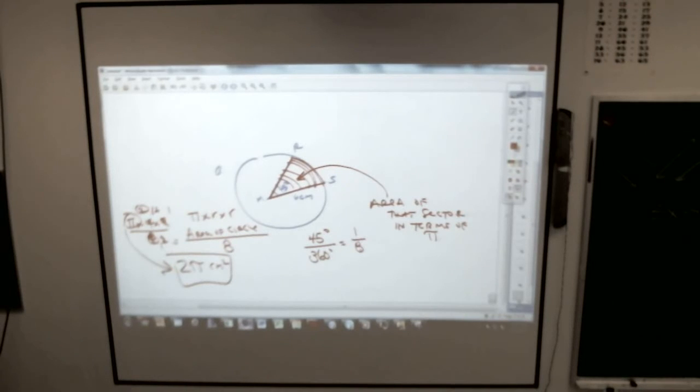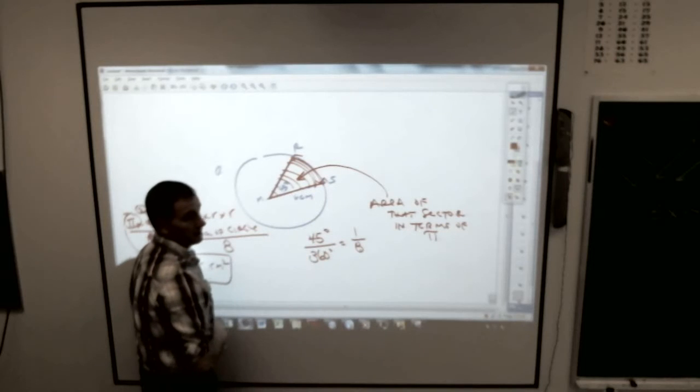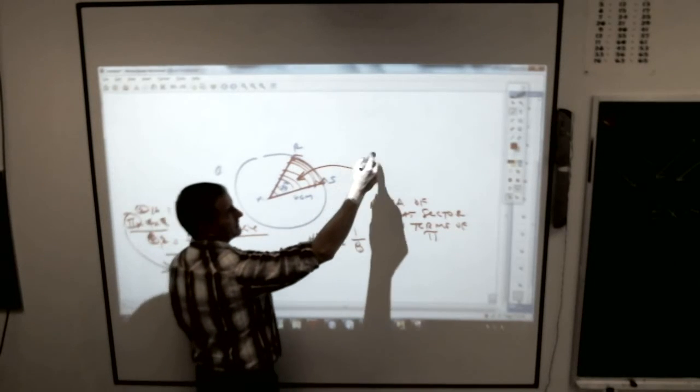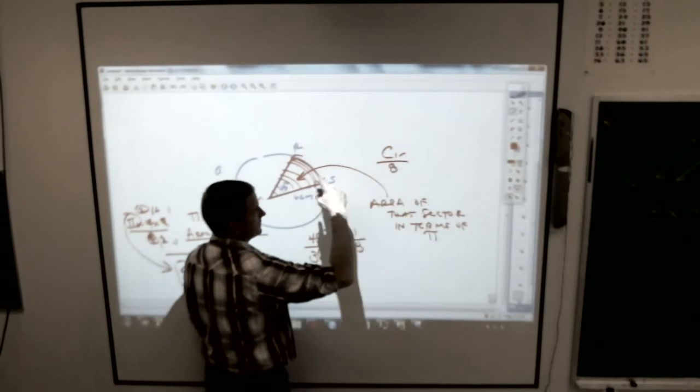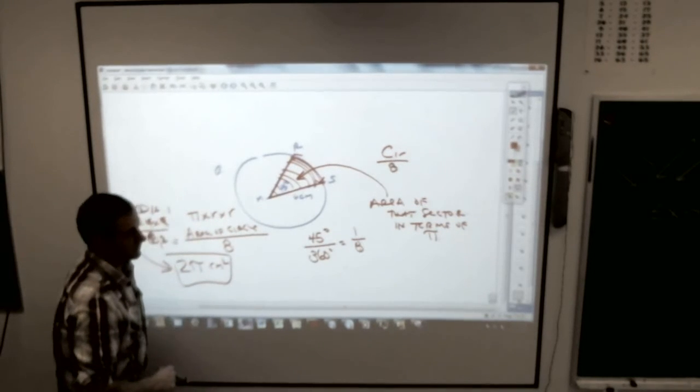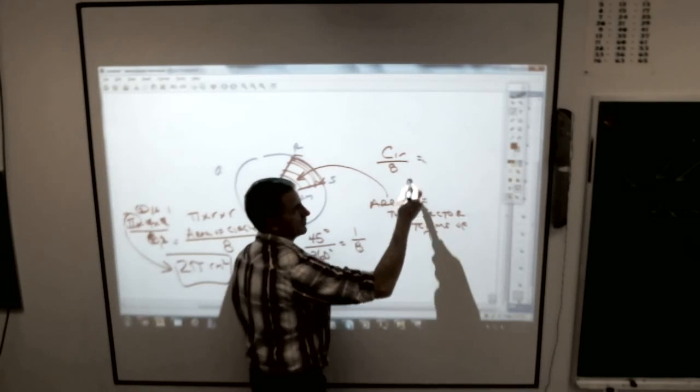And the same thing would be true if they asked you to find this distance from here to here. That distance from there to there would be the same thing as the circumference of the circle divided by 8, because it's 1/8 of that circumference. Which would be what, by the way? How do you find circumference of the circle?